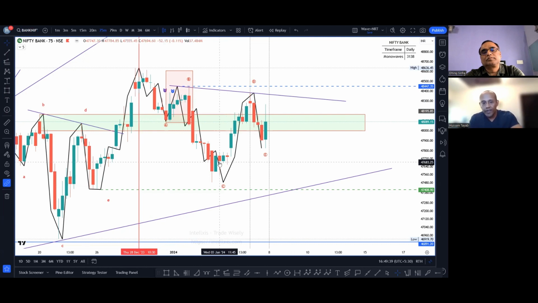So what we did on Wednesday, we just waited. On Thursday, Bank Nifty opened here and there was enough thrust in the earlier minutes. As we saw this thrust, we had a very clear pattern that this is A, B and C, and B has taken less time. In a triangle, wave B and wave D have to overlap.